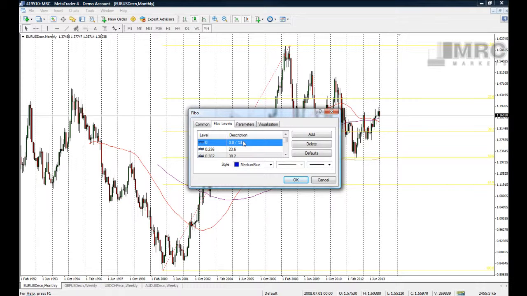There's a nice little shortcut here because normally on MT4 it doesn't show the price next to the level, and there's a little shortcut here, so you just go space dash space and then dollar, and then a percentage and pound sign. That brings up the price next to the fib level, which is quite useful.